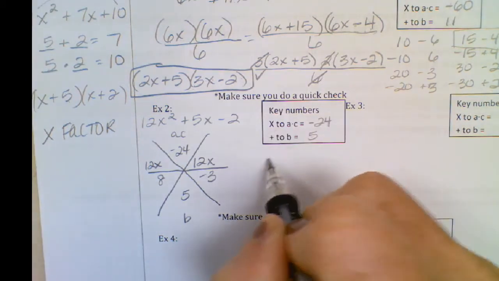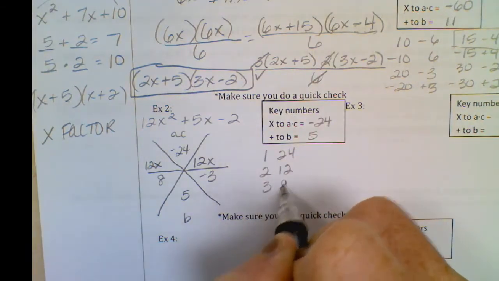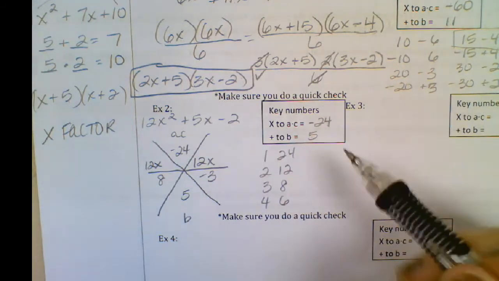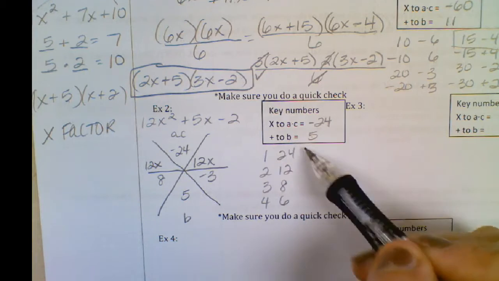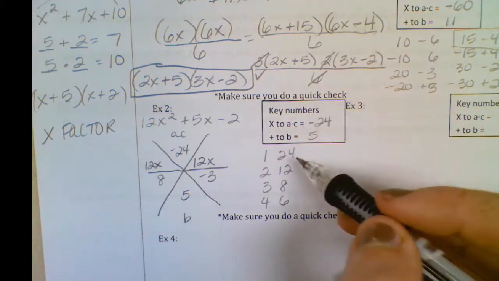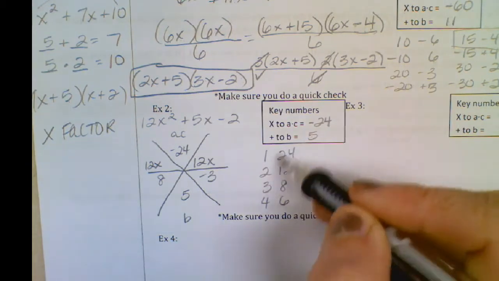So I know that would be 1 and 24, 2 and 12, 3 and 8, 4 and 6, and I think that's it. So in between, I know one has to be positive and one has to be negative because this is a negative 24. So now I need to find the separation of 5 in between my two numbers.